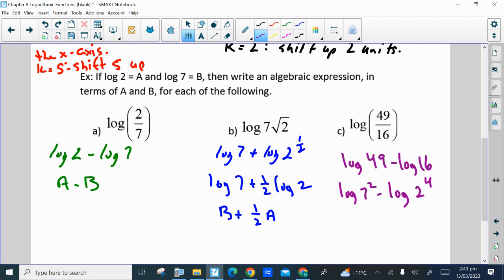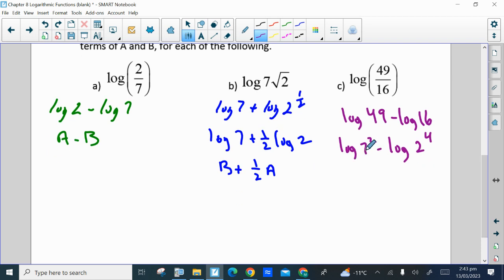So we can write them in terms of a and b. But before we do that, the exponents come in front as coefficients. So now log of 7 is b, so this will be 2b, take away 4 times a, because log of 2 is a.